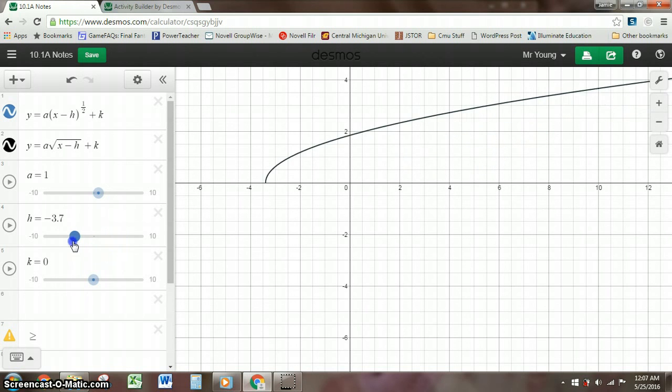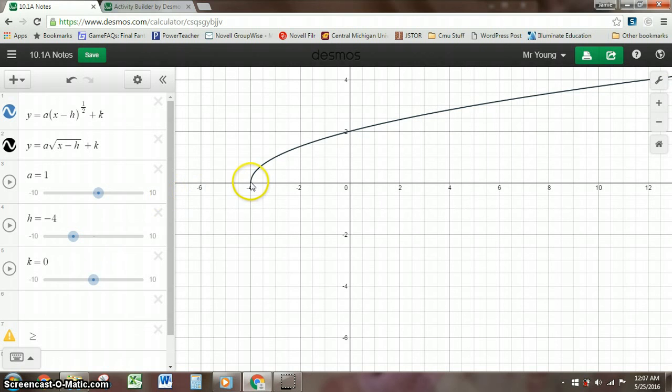So ultimately, if I have it here at x equals -4, my domain now becomes x is greater than or equal to -4. Okay, all the values greater than -4 work, but anything less than that is not going to work.